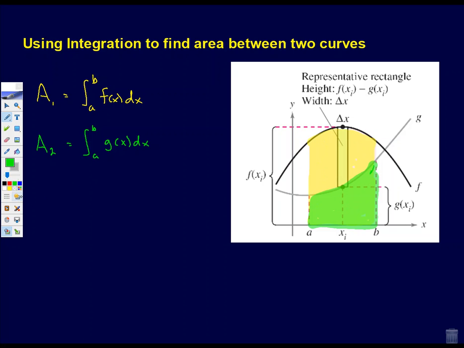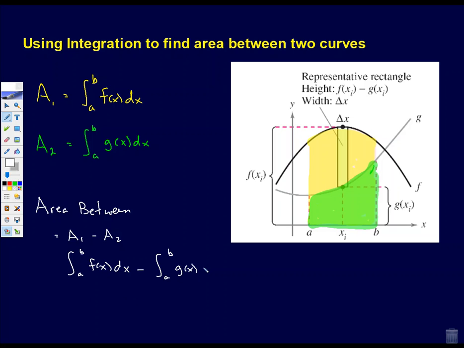So I'm going to define here the area between as simply area 1 minus area 2, which would be the integral a to b of f minus the integral a to b of g.